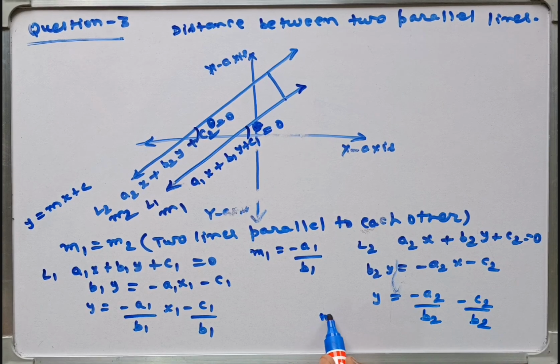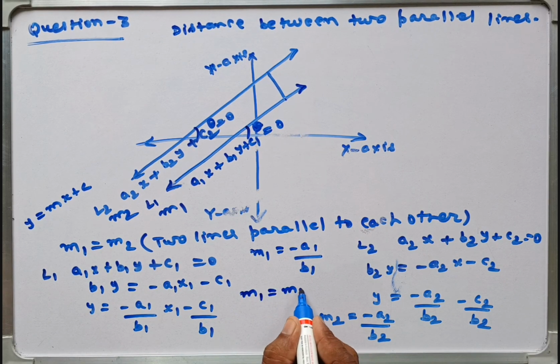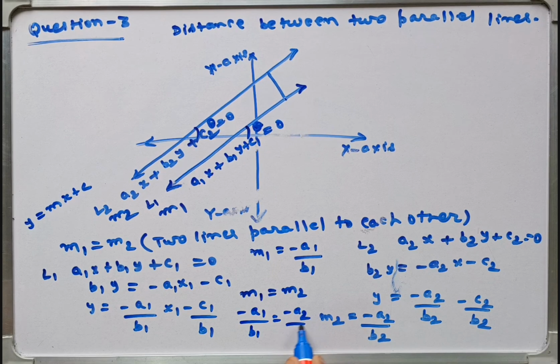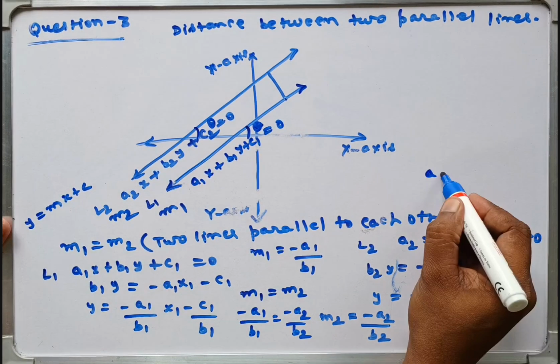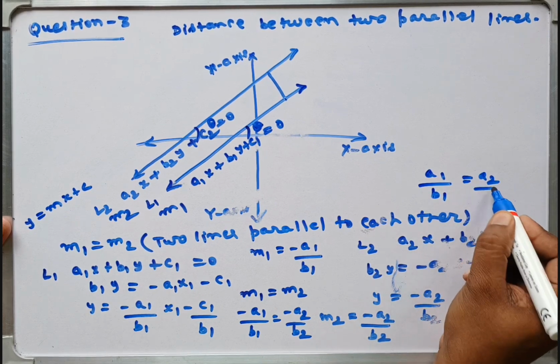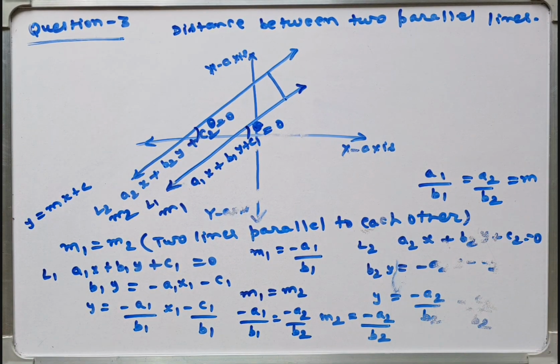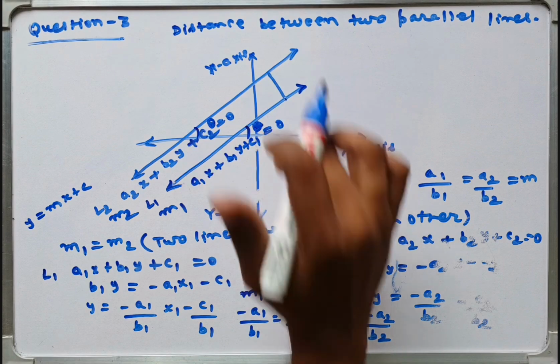So m2 equals minus a2 divided by b2. Guys, if these two lines are parallel to each other, m1 equals m2, so we can say a1 divided by b1 equals a2 divided by b2 equals m. So what will be the distance between these two lines?